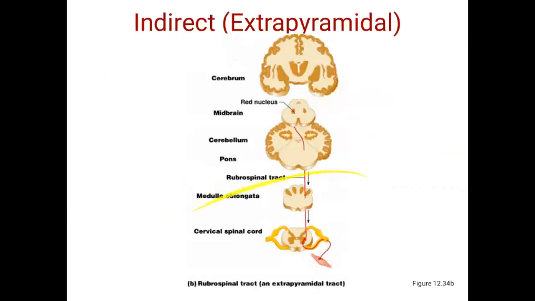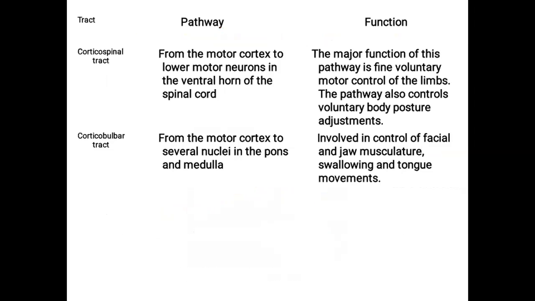Corticospinal fibers arise from the motor cortex and synapse on the lower motor neuron, whereas corticobulbar fibers arise from the motor cortex and synapse in the various cranial nerve nuclei present in the pons and medulla.